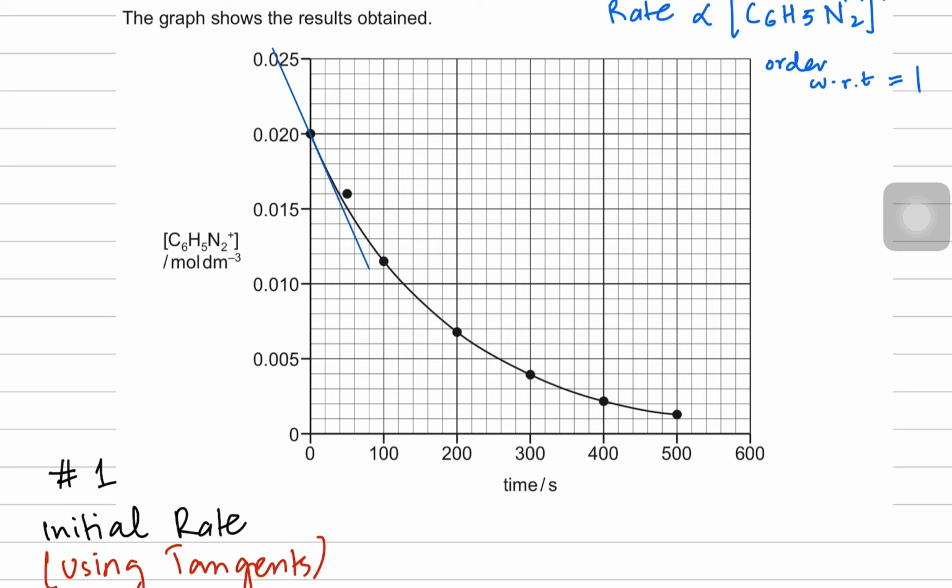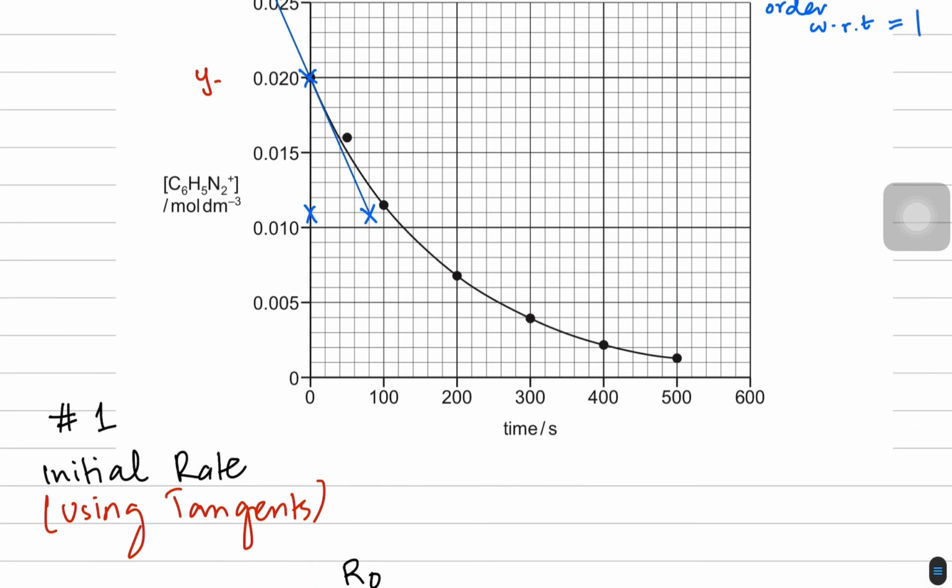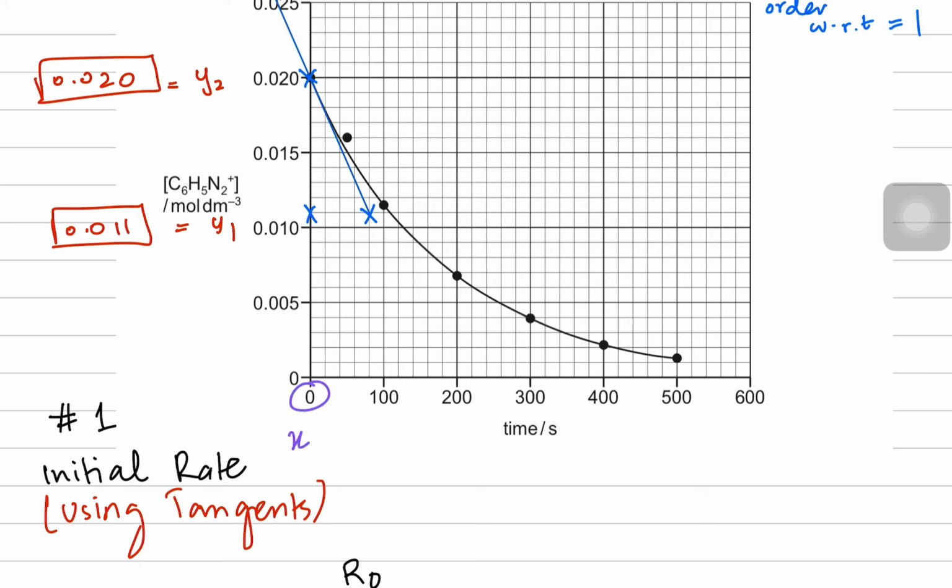When I draw a tangent, this tangent has two x-axis points and two y-axis points. Let's say y2, which is the higher value, is 0.020 concentration, and y1 is 0.011. You can pause the video to see how I found that on the graph. My x1 value, which is the initial time, is the 0th second, and if I draw a construction line, my x2 is equal to the 80th second.